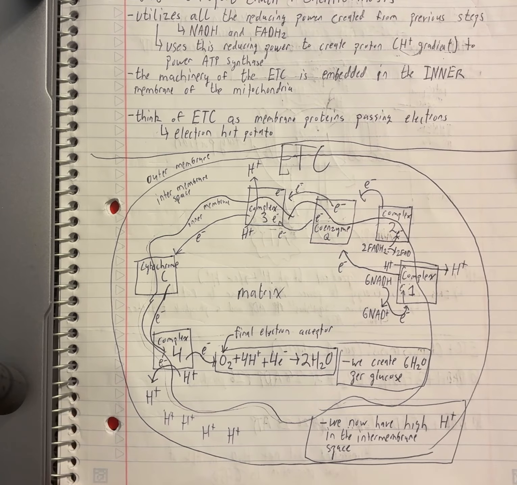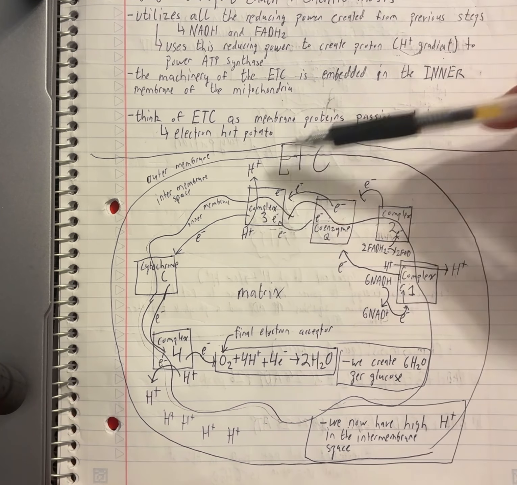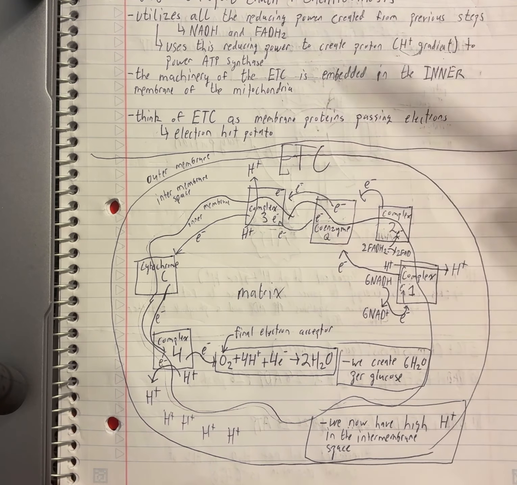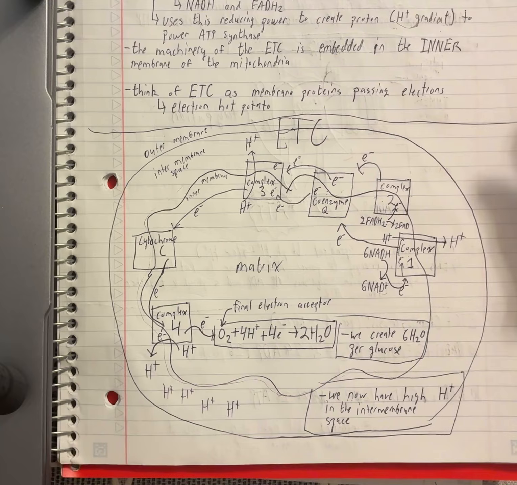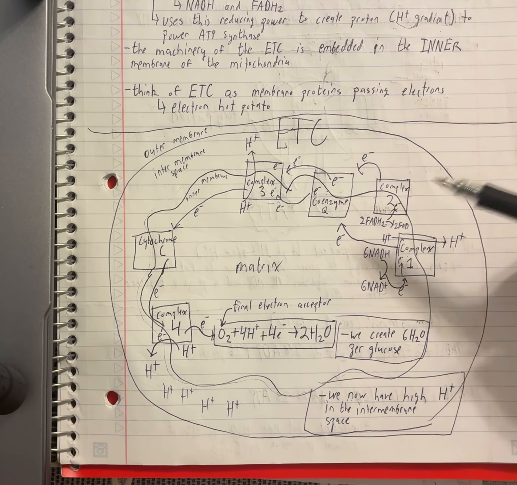So I'm going to go through conceptually. This is not something where we're super concerned with thinking about inputs and outputs. It's very conceptual, and it looks really confusing, so I'm going to try to break it down in a way that makes sense.